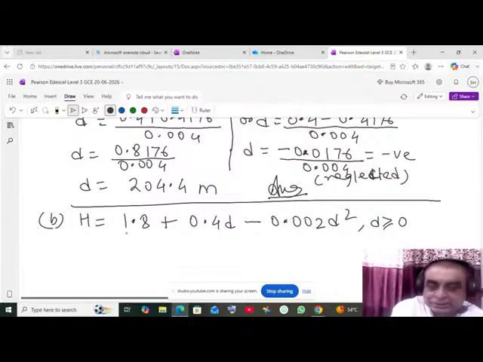So what is the significance of this constant number in this formula? That is asked.